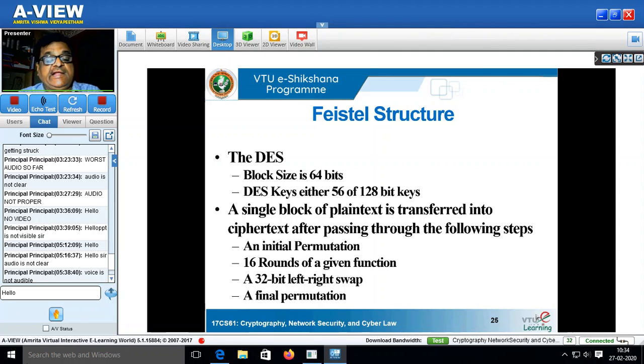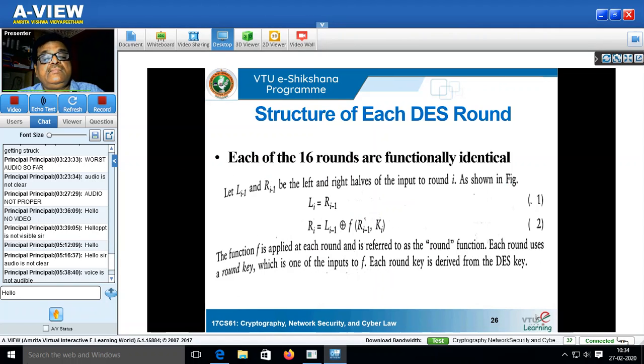Already we discussed that. And a final permutation. How is it taking place? Each of the 16 rounds is functionally identical. If we understand what is happening in the first, then in the next block what happens, in the third what happens, like that we can conceptualize or imagine.